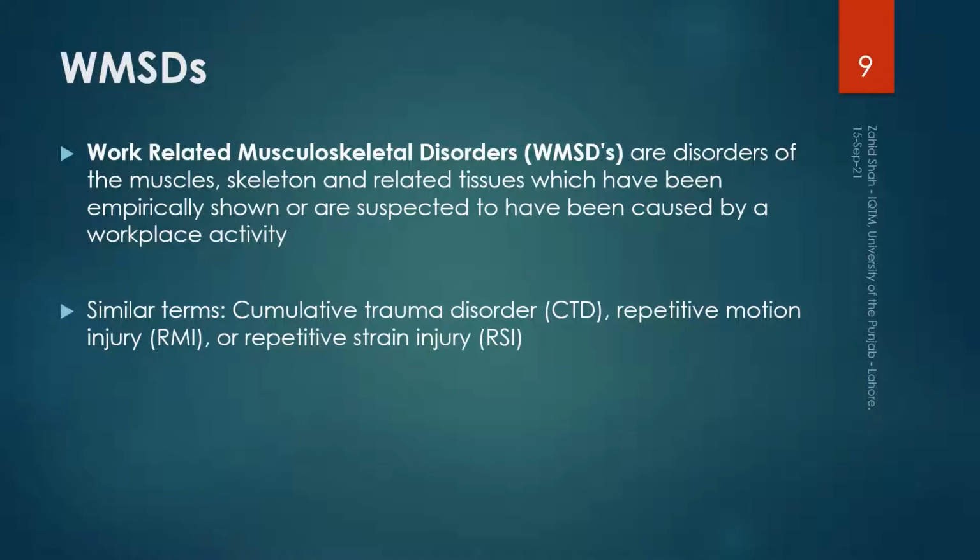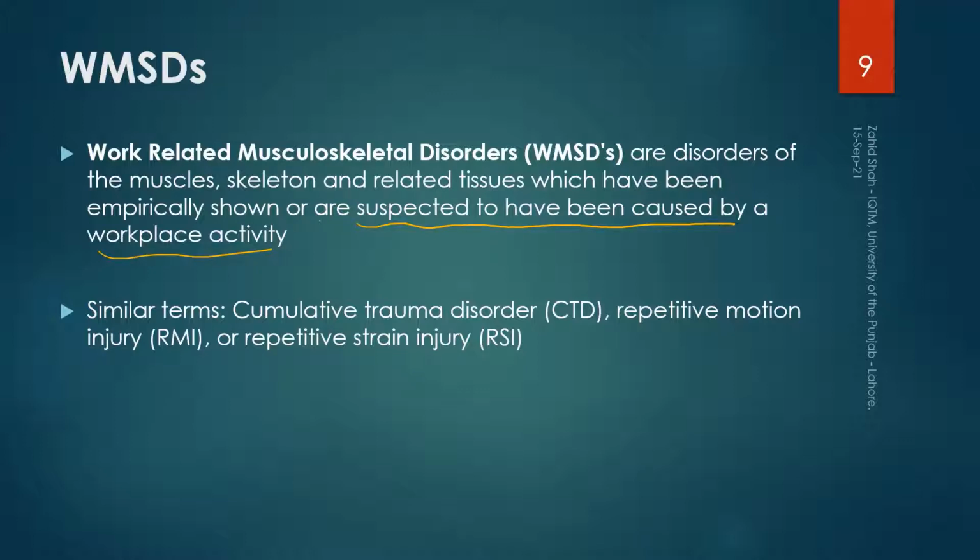So you could notice the second part of the statement that they are either related to the workplace or are suspected to have been caused by a workplace activity. Because it is very difficult to develop a cause and effect relationship whenever we are talking about the WMSDs.